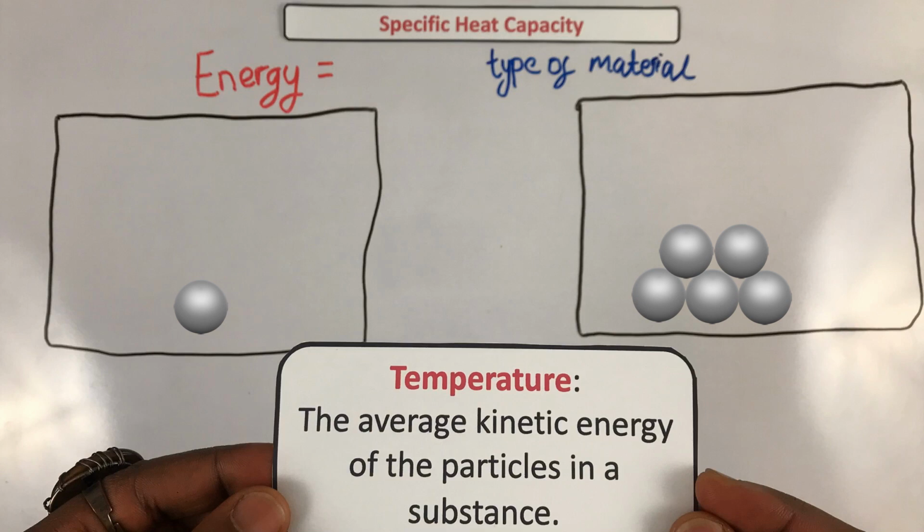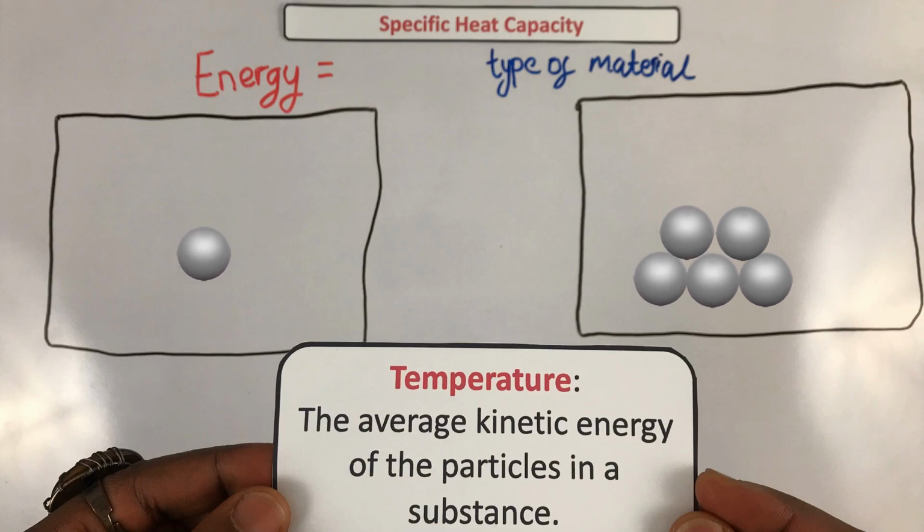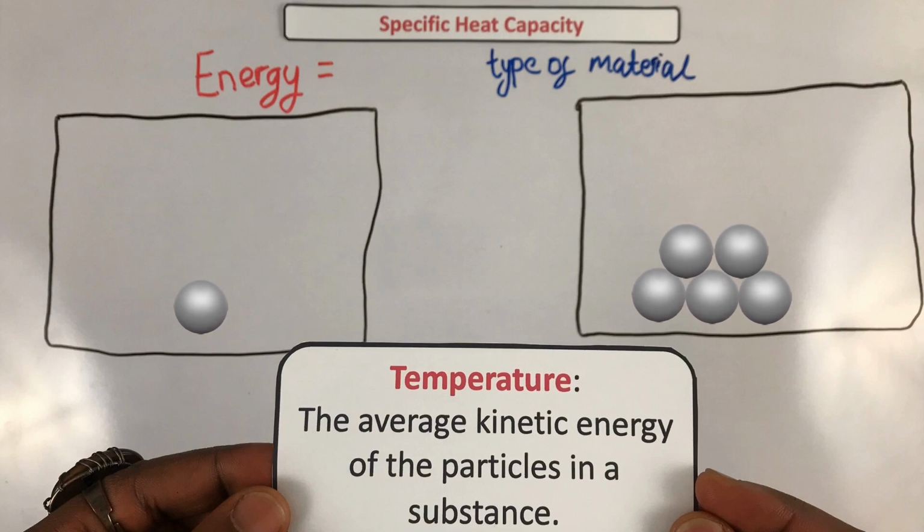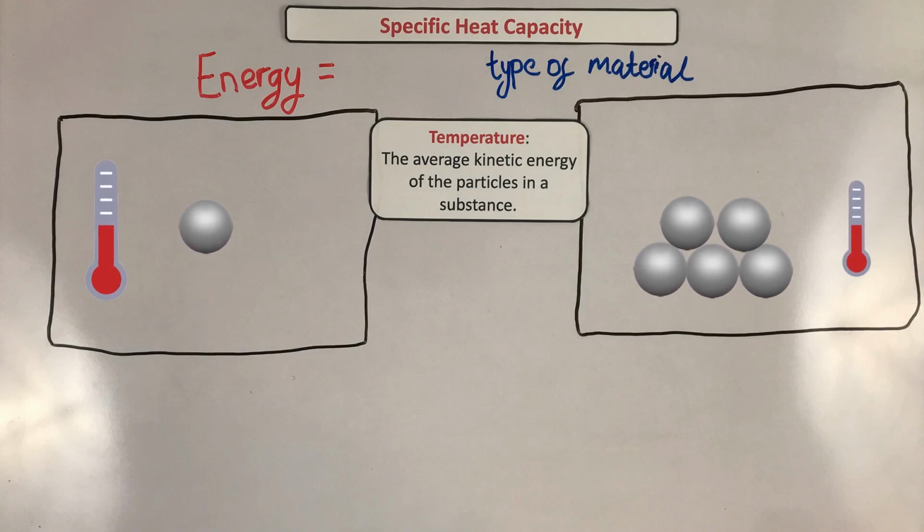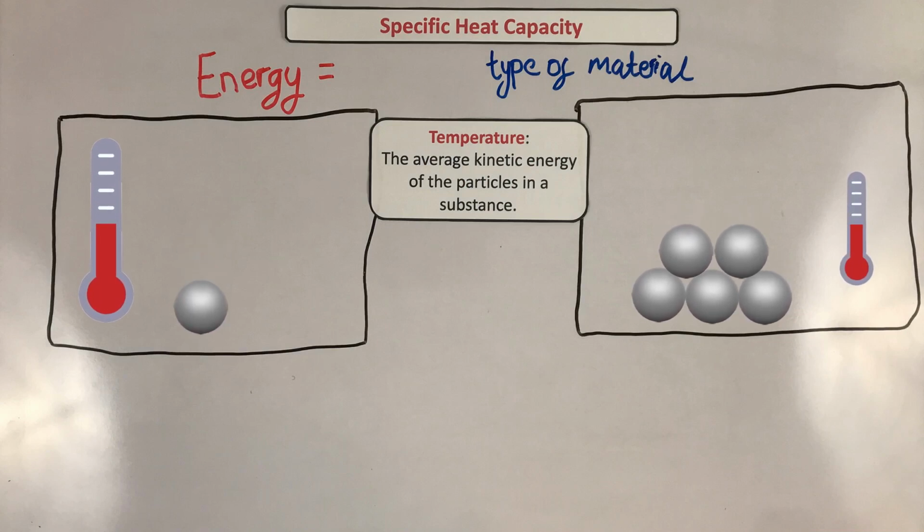Temperature is the average kinetic energy of the particles in a substance. This means that the 1 kilogram metal will feel hotter. This is another clue to our equation. The mass of the material, the amount of particles it has, is important to understanding the energy transferred.